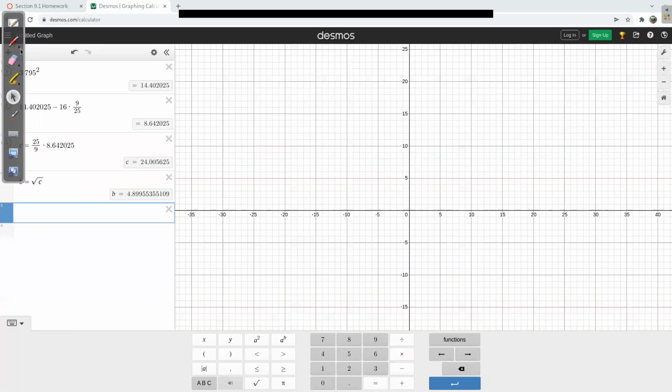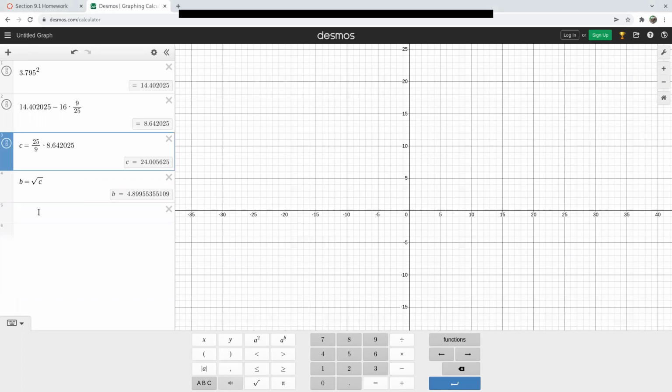All right, so that is the number. The B squared is my number C right here. So then applying my formula, I'm going to have to take the square root of that in the end. Let's call it D for now before we take the square root. And it is 25 times my B squared, which I called C there, divided by 9, or is it B squared minus 9?